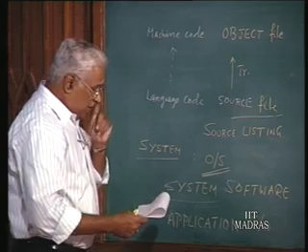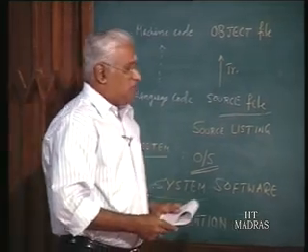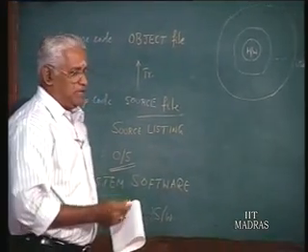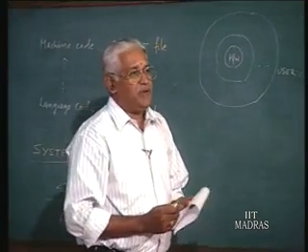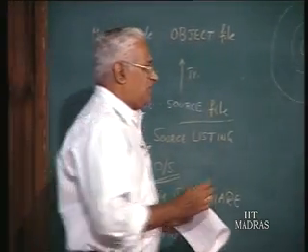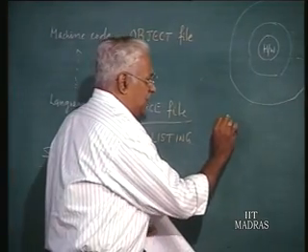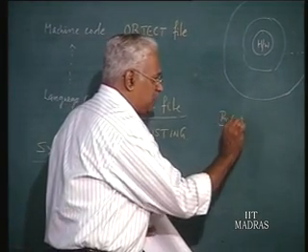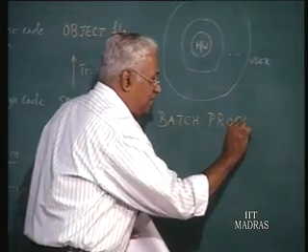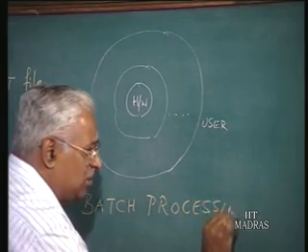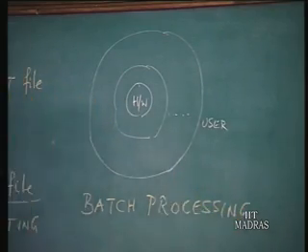Good. Now, talking about operating systems, I would like to mention a few types or classes of operating systems. The reason is, it all started originally with what is known as batch processing, because the details of these operating systems will vary depending upon the kind of system one has.